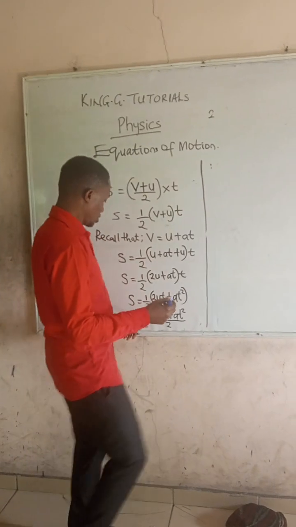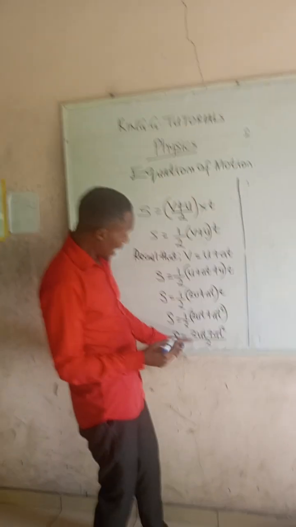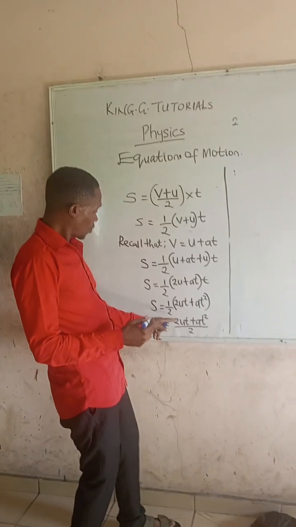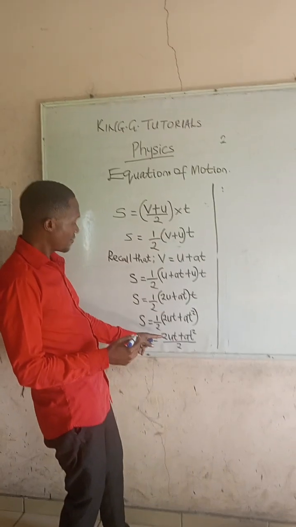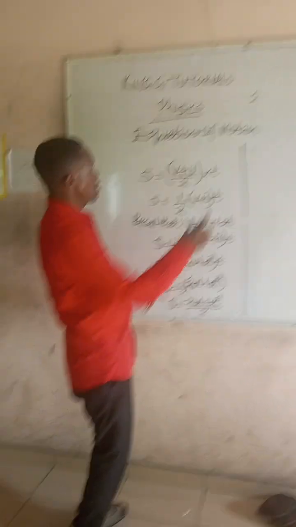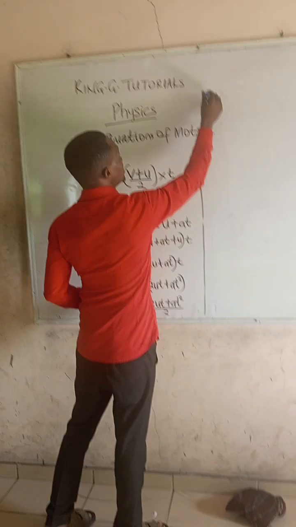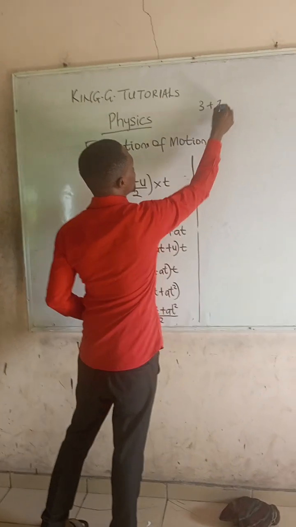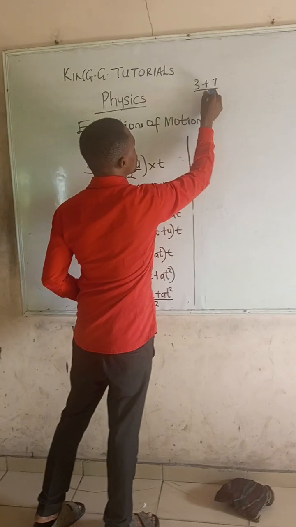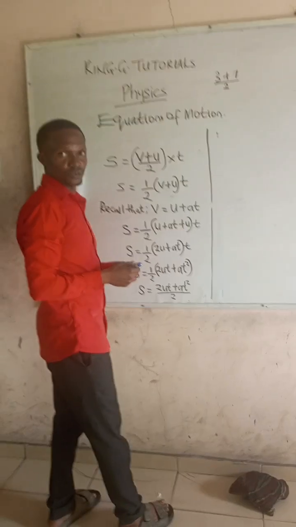If I have this in fraction, what does it mean? Let's assume we have 3 plus 7 over 2 in fraction.